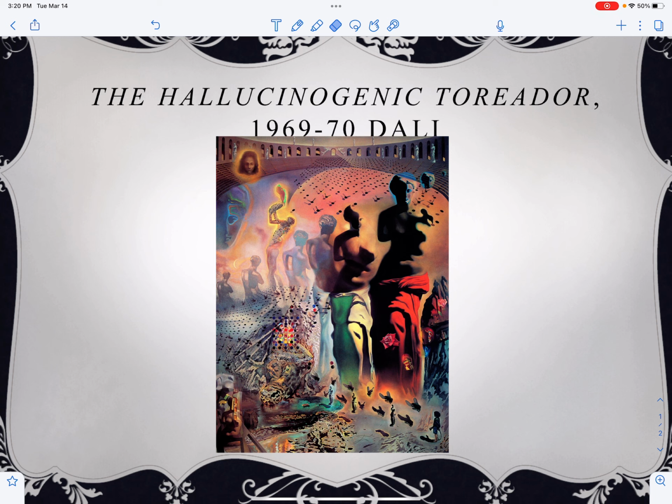Okay, so we talked about flies, we talked about the bull, we talked about the dog, we talked about the toreador himself. Let's talk about a couple other elements in this painting. At the top of the painting, I just wanted to point out that this is Gala. This is not Christ. This is Gala. She is watching the bullfight. And in fact, if you read the painting going from right to left, you will see Venus de Milo is turning and getting more and more masculine as she turns.